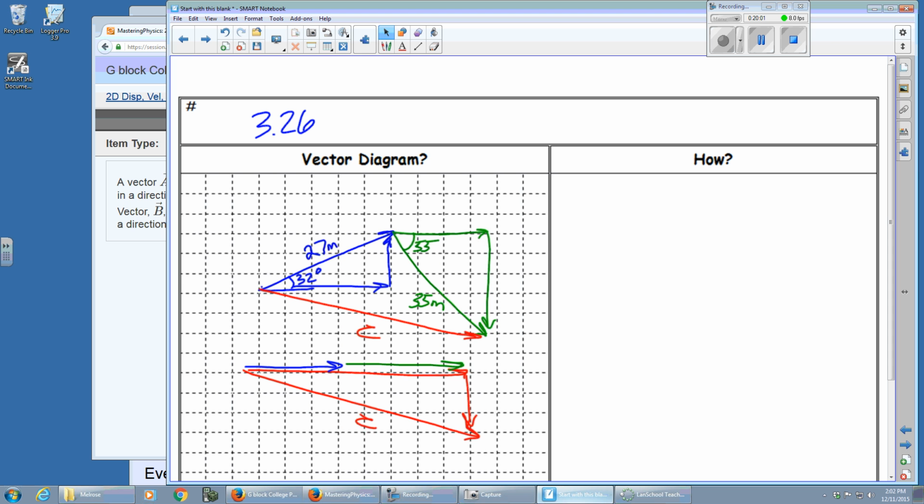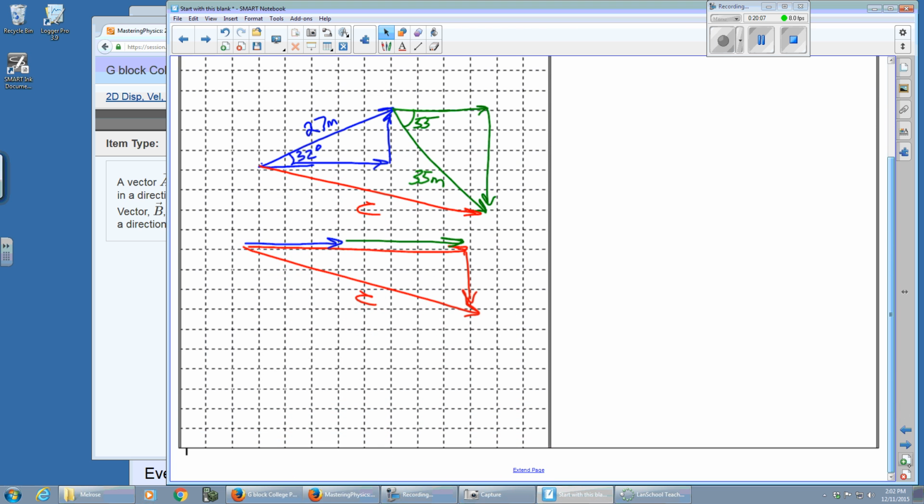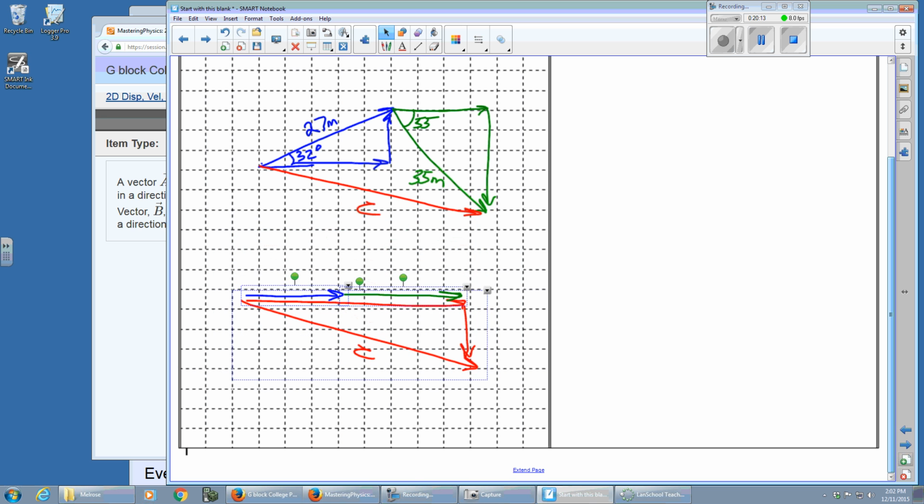Then I'm going to scroll down a little bit and move this down just a hair. There we go. And then I add, head to tail again, the vertical part of the 27 to the vertical part of the 35.